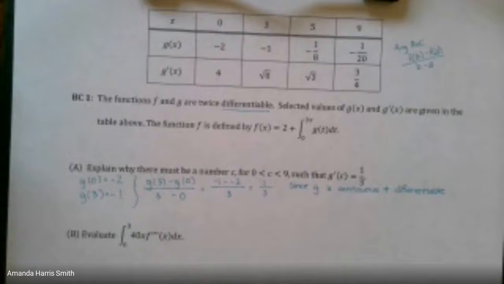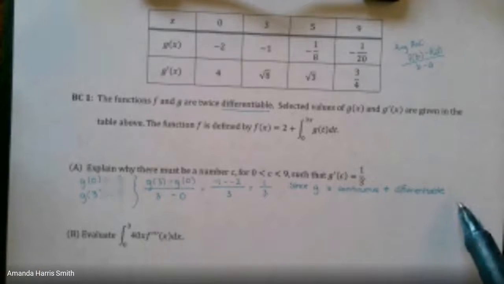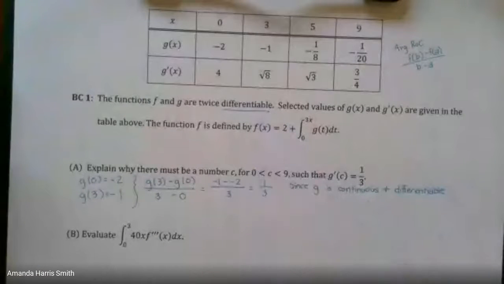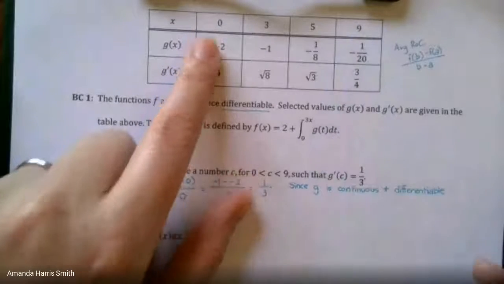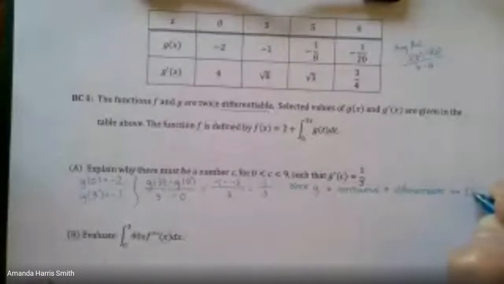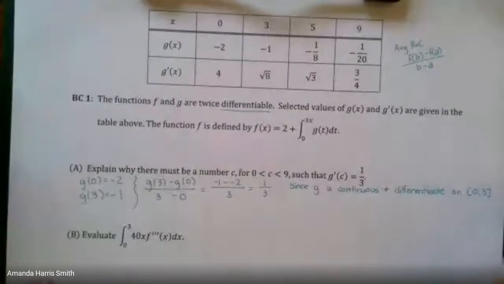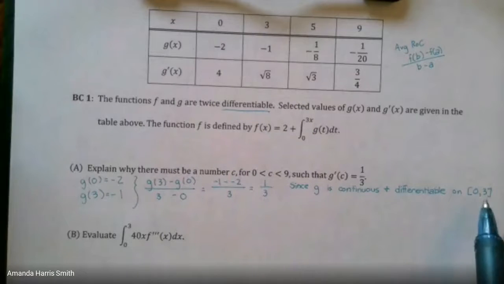And I'm going to specifically describe the interval that I'm using, which is from 0 to 3. You don't have to say the interval. In fact, they didn't even say it up here in the problem stem. You could say the interval from 0 all the way to 9. That's fine. I'm going to just specifically mention the actual interval I am using, which is just the 0 to 3 part.